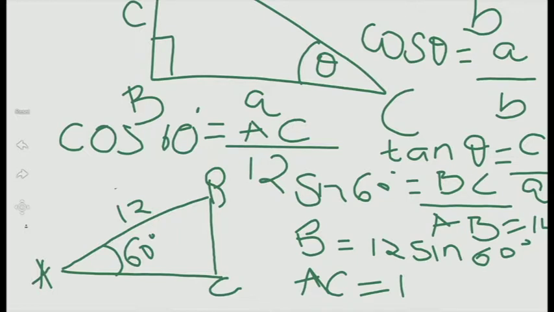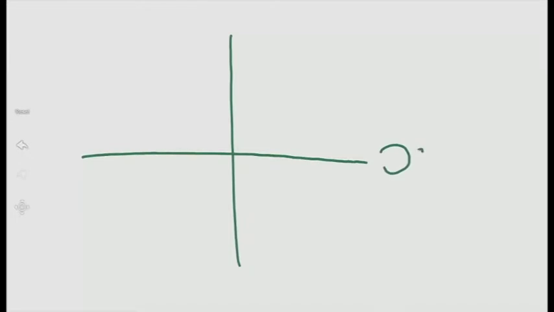So now we know the simple trigonometric ratios of the angles between 0 and 90 degrees. So let's move on and see all the other angles in all the other quadrants. Let's start with the 4 quadrants of the Cartesian plane. We say the Cartesian plane has 4 quadrants. We have the x-axis here and the y-axis here.